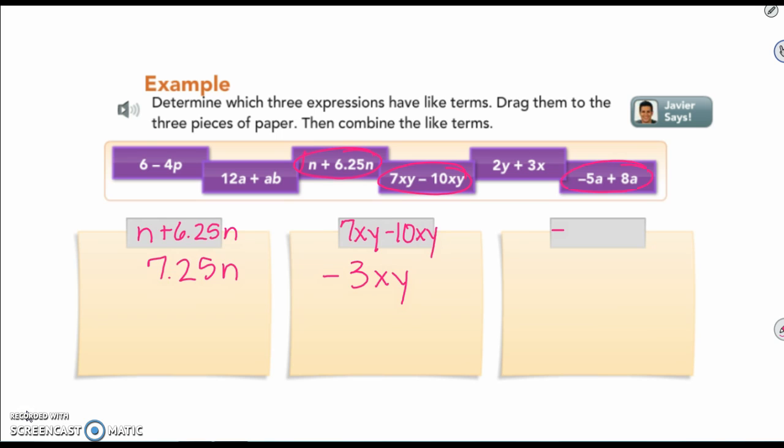And finally, negative 5a plus 8a have like terms. Negative 5 plus positive 8 is going to give us positive 3a.